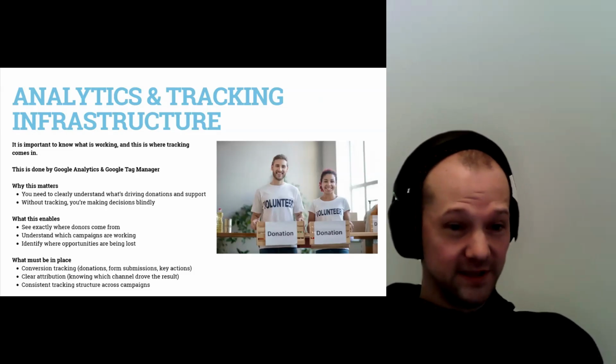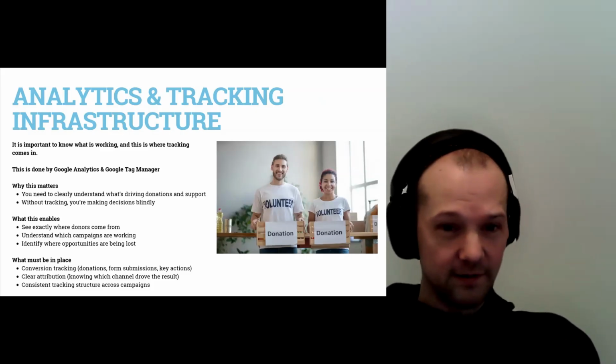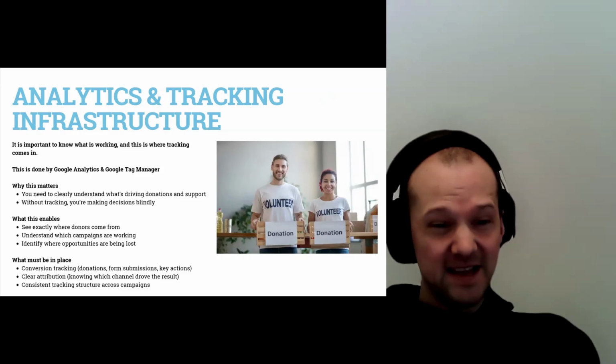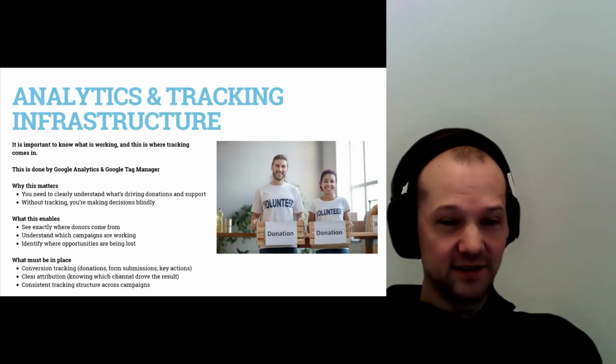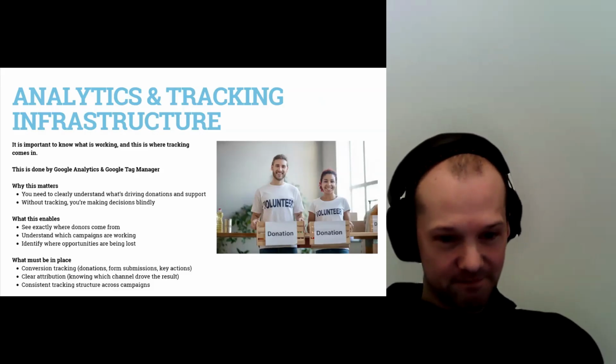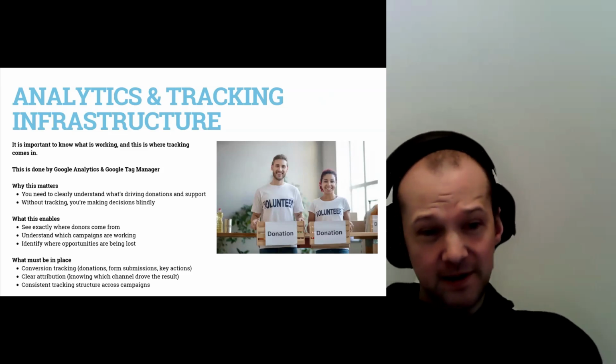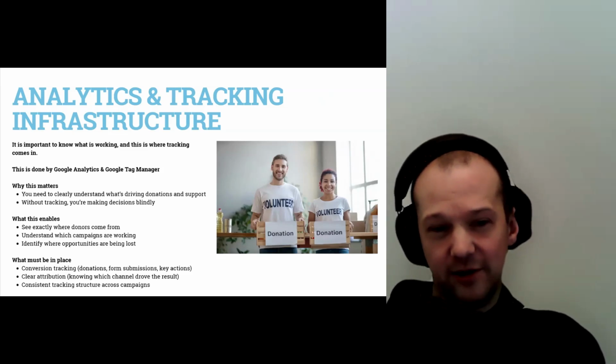Next slide, please. Next, I'm going to be talking about analytics and tracking infrastructure. This is really important because you need to know what is working. And this is where tracking comes in. This is done by Google Analytics and Google Tag Manager. There are other ways you can do this, but for the purpose of this presentation, I'm just going to stick to Google Analytics and Tag Manager. And why does this matter?